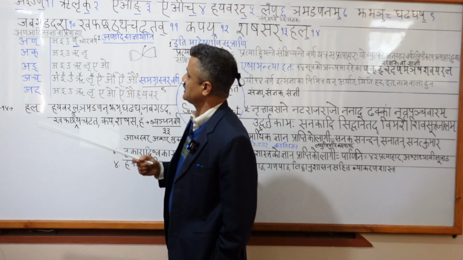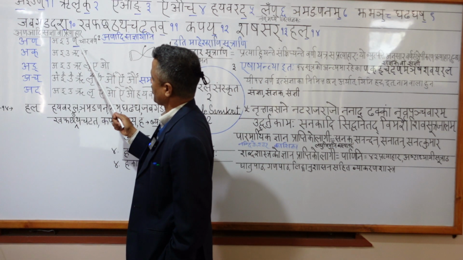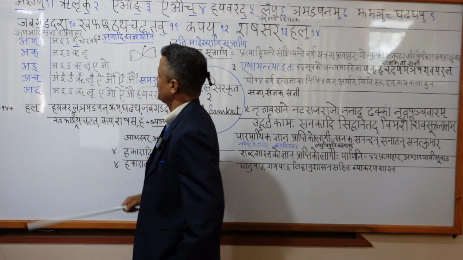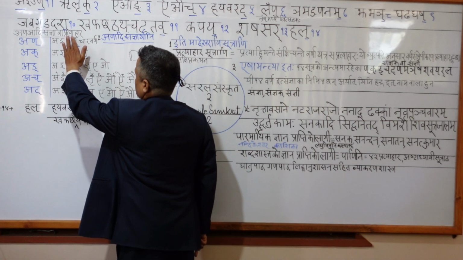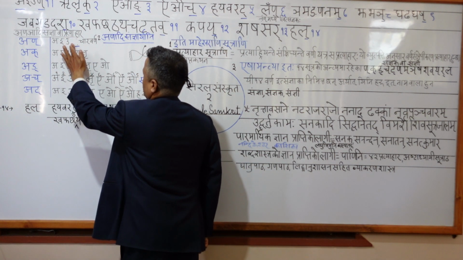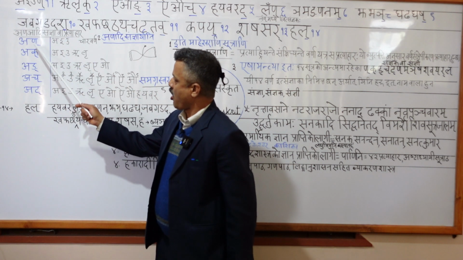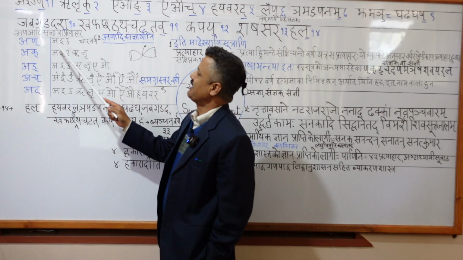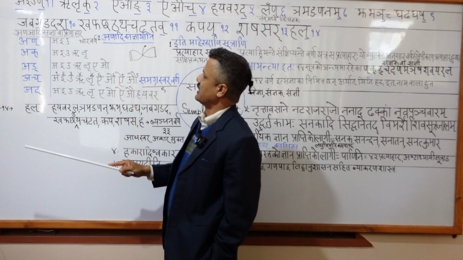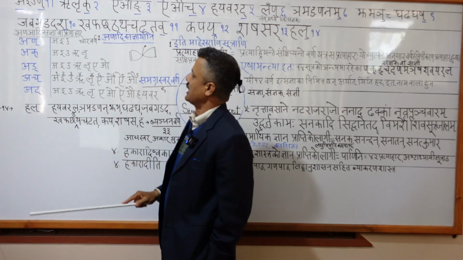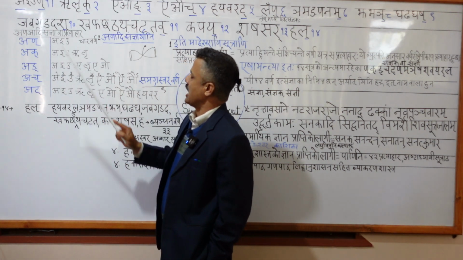But be careful that though I am writing na here for the sake of understanding, actually we do not write it here. Let's erase it. So in a phrase, we have A from formula 1, E from formula 1, U from formula 1.